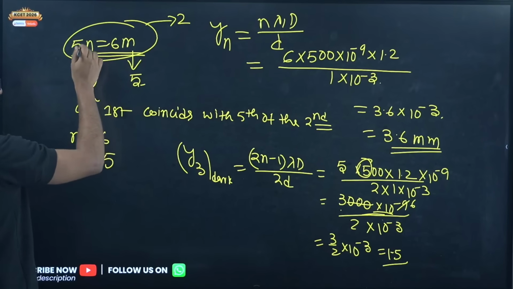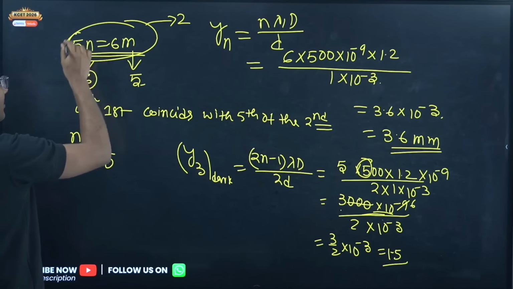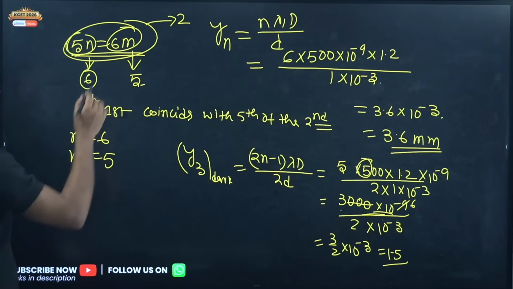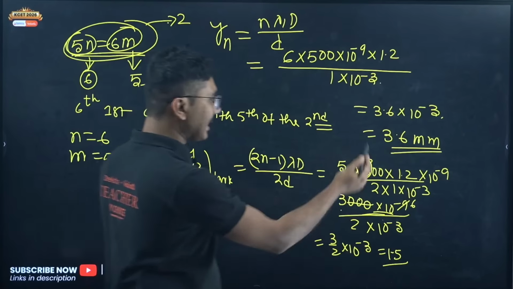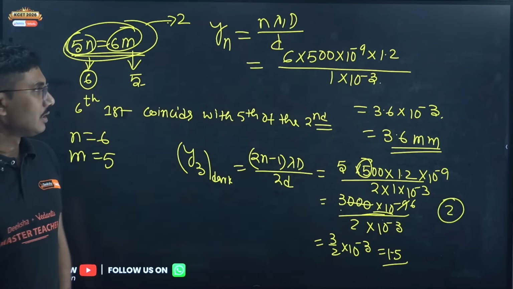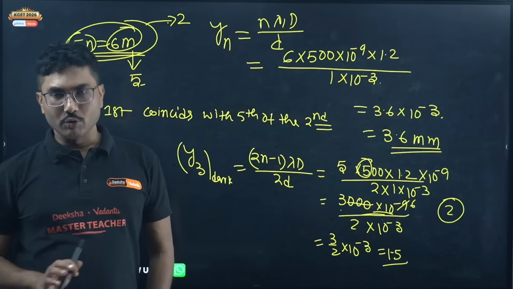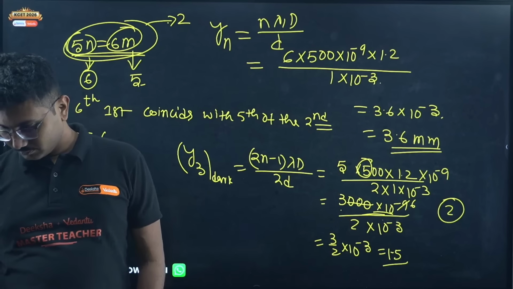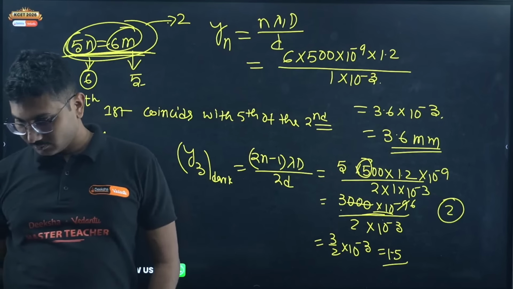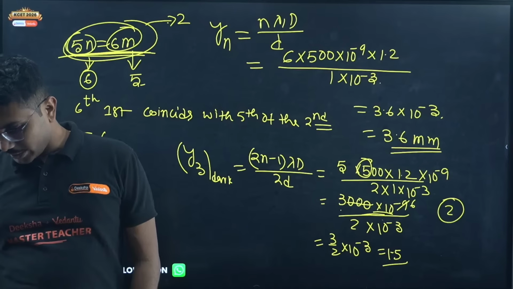Now you may have taken that n will be 5, m will be 6. Actually it is opposite. So you should get 2 marks from here, and for the second part, if you have done correct, you should get 2 marks. You should total get 4 marks if you have achieved up to this condition. Okay, Lakshmish.